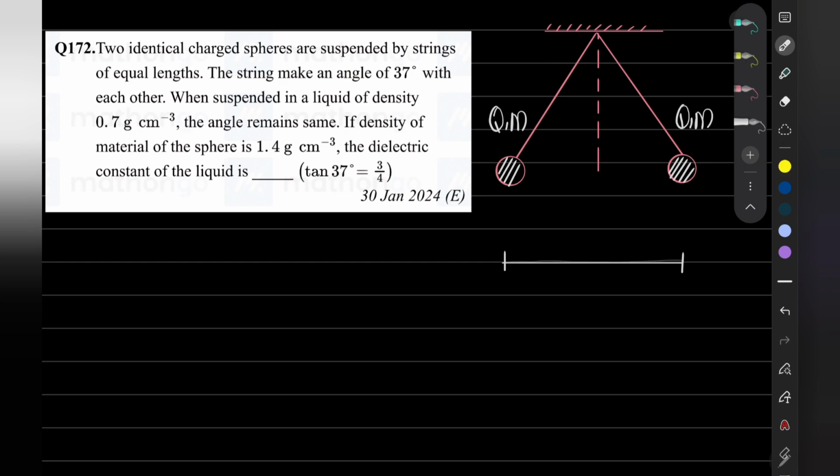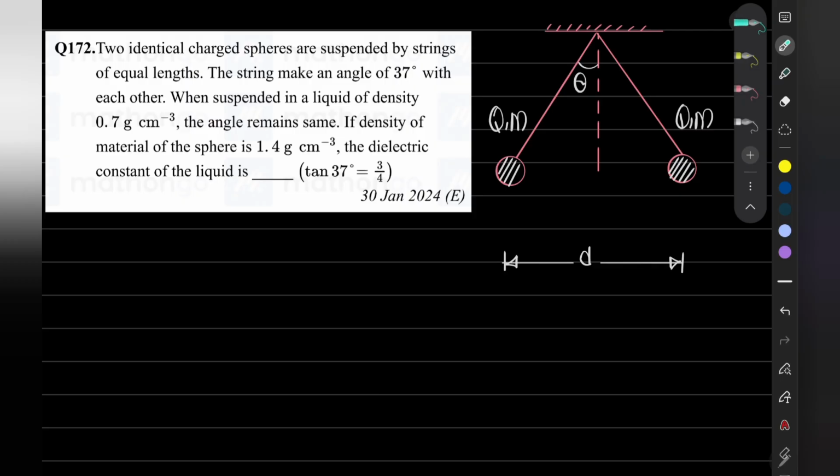Let's assume the distance between the two spheres as d. You can take small d or capital D, whichever you want. Now they have given the angle between the two strings as 37 degrees. But for reference purposes I'm not going to use 37, I'm just going to use theta wherever I need that angle.